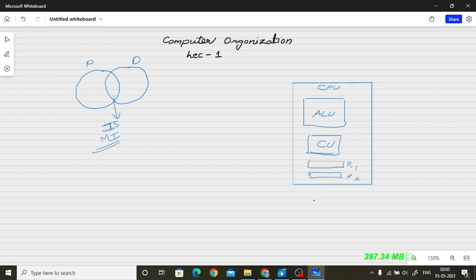This memory is not a part of a CPU. I think some are confused with that, thinking memory is a part of a CPU. Memory is not a part of a CPU. Memory is outside the CPU.